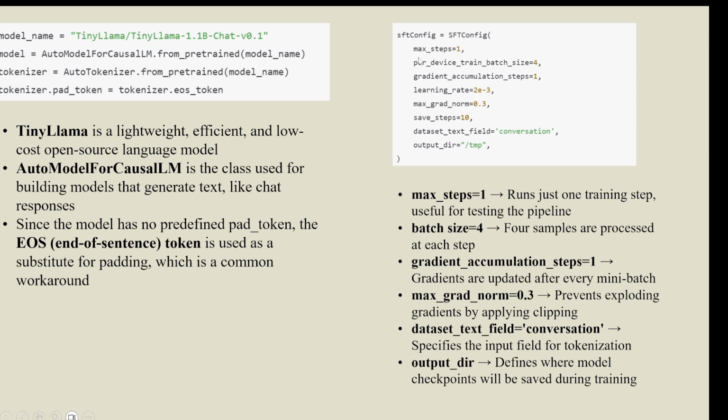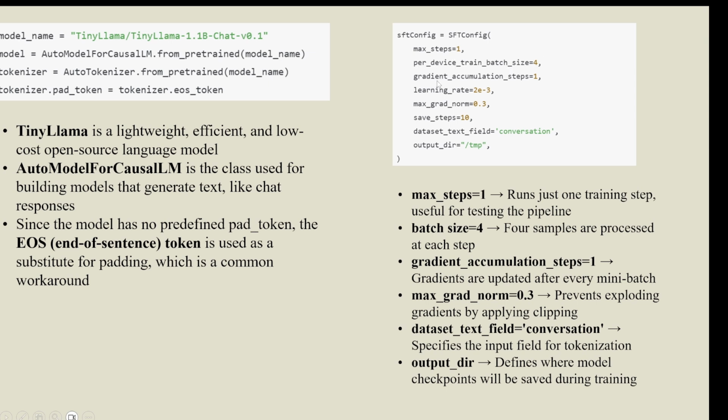This runs just one training step, useful for testing the pipeline. Four samples are processed at each step for this line.